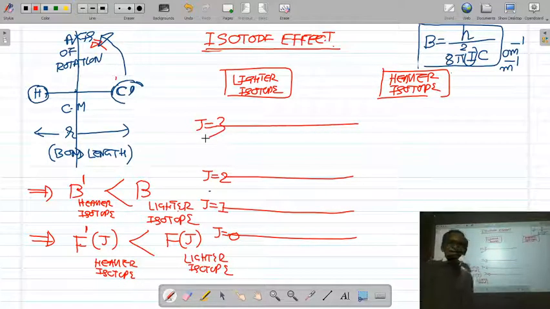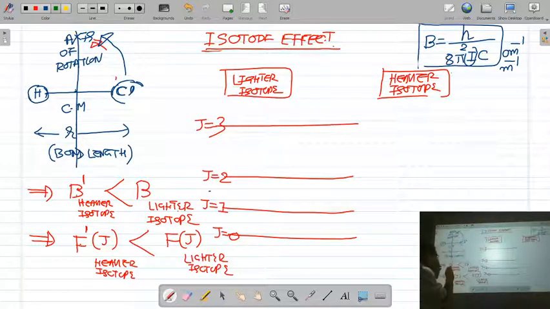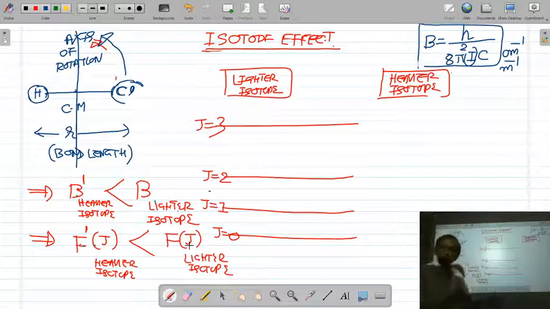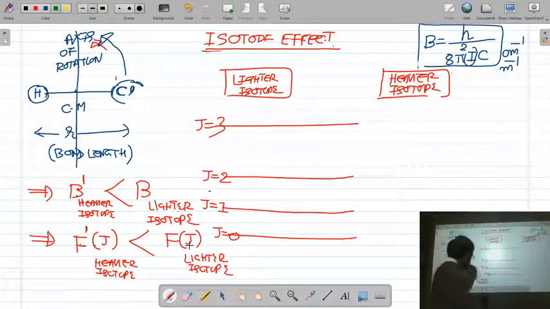In case of the lighter isotope, the rotational levels are like this, but in case of the heavier isotope, the rotational constant is less than that of the lighter isotope. Therefore, the rotational term value of the heavier isotope is less than that of the lighter isotope. Therefore, the spacing of rotational lines for the heavier isotope will be smaller than this spacing. So if you show the levels, it will be like this.